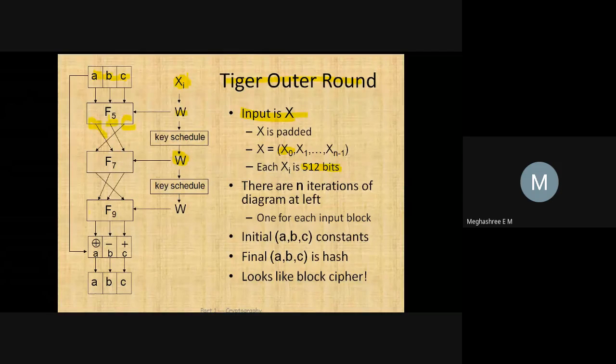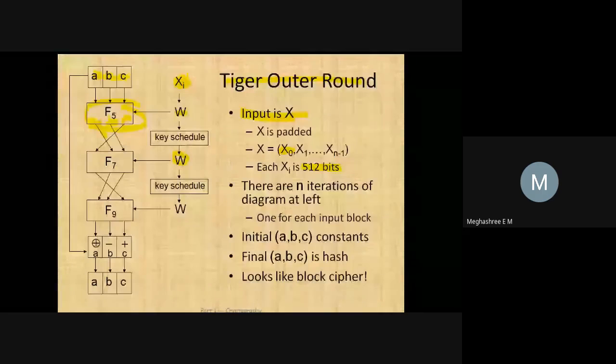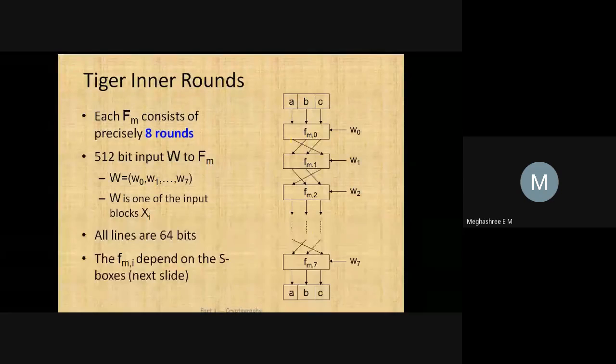As I said, the next part is the inner round. See, this is one outer round, in which F5, as I said, and whatever calculation is done here, that we call the inner round. So whatever F5, F7, F9, this will be represented as the inner function.